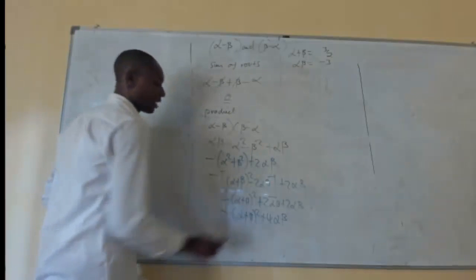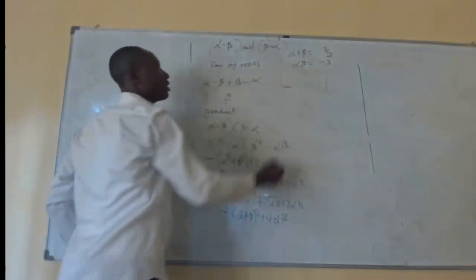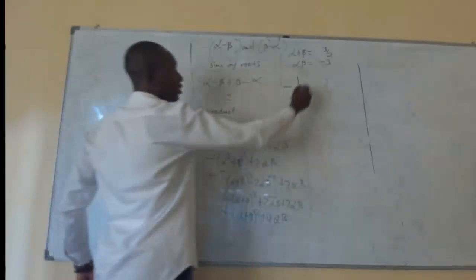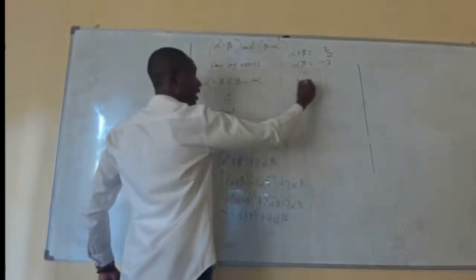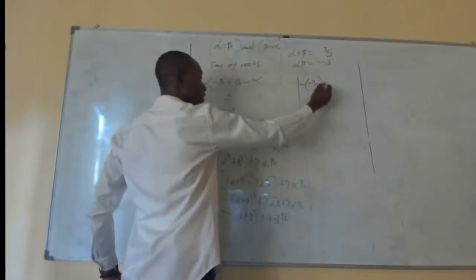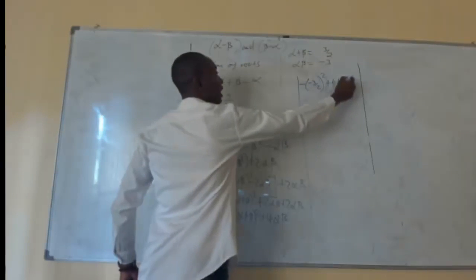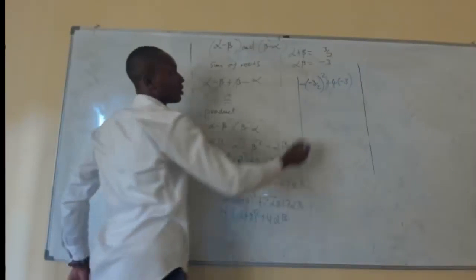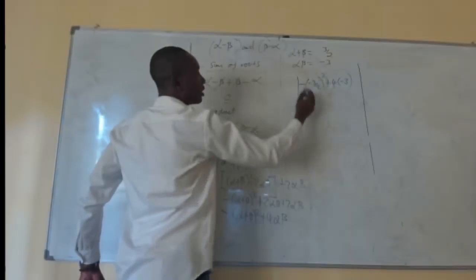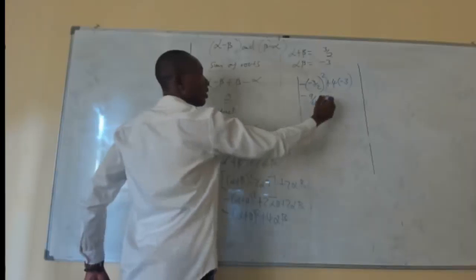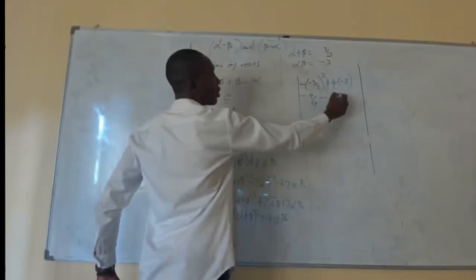But we know alpha plus beta. We know that alpha plus beta is 3 over 2, so we have negative 3 over 2 squared plus 4 times the product, which is negative 3. So now we have negative 9 over 4 minus 12.